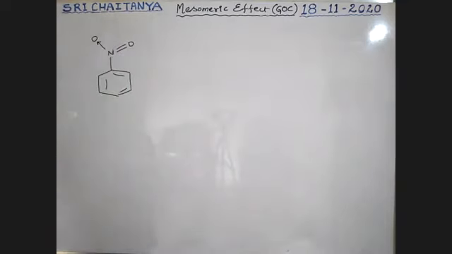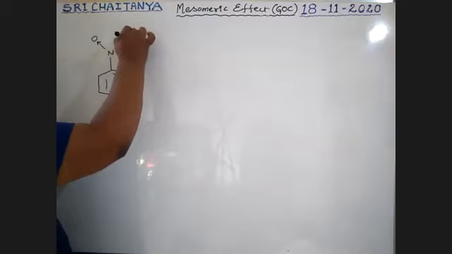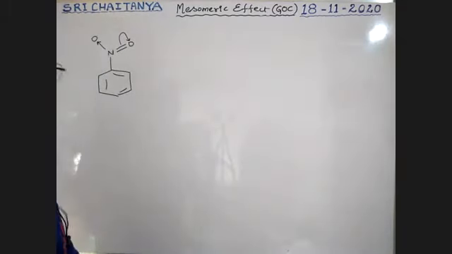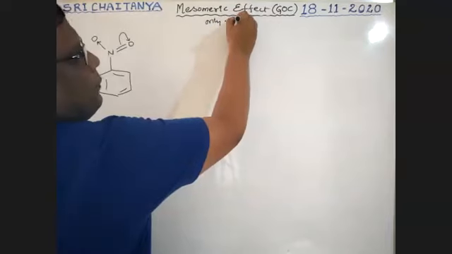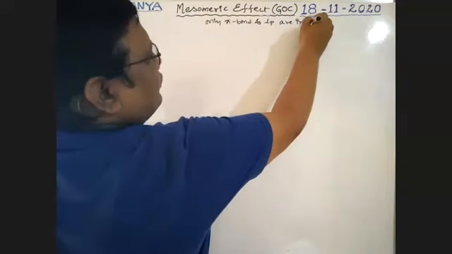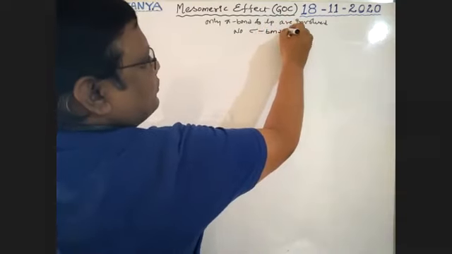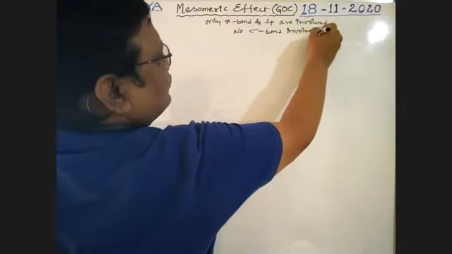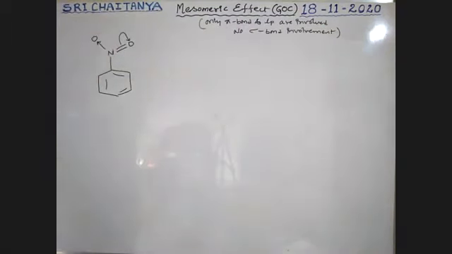Oxygen is more electronegative than nitrogen. That is why this pi bond is migrated towards this one. Only pi bonded electrons and lone pairs are involved in this condition, boys. Sigma bonds are not involved. So minus mesomeric effect. Only pi bond and lone pairs are involved. It is important: no sigma bond involvement in mesomeric effect or resonance effect.